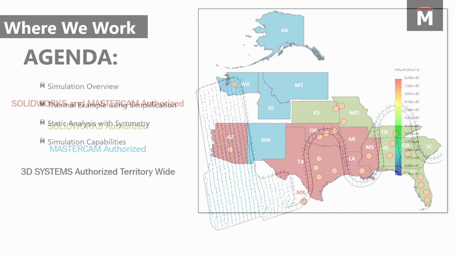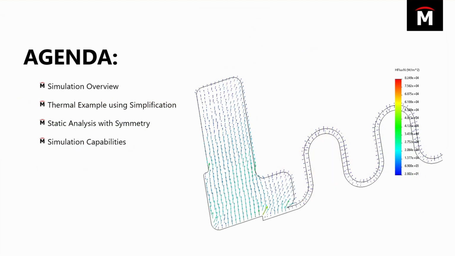For today's webinar, I'm going to give a simulation overview and some of the product capabilities. I'm going to go through a case study of a thermal example using simplification. Then we'll jump into a static analysis using symmetry and discuss some further simulation capabilities.